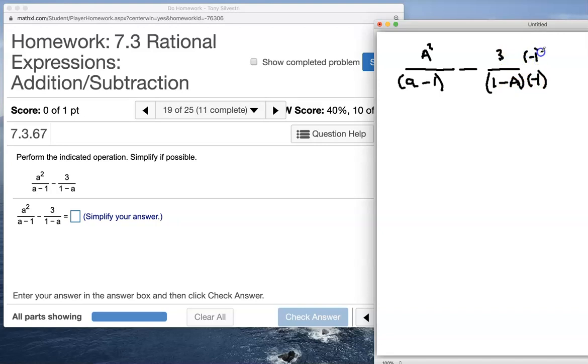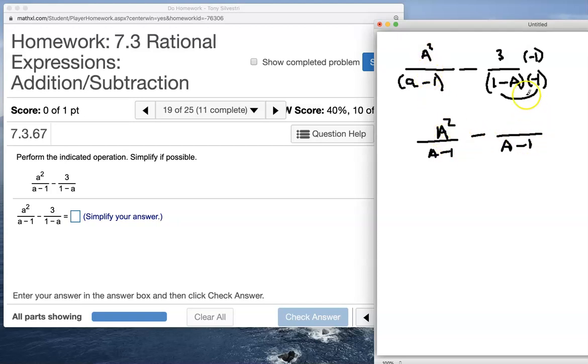And you're going to say, well, that doesn't change the fraction. It just changes how the fraction looks. So minus 1 times negative a. Negative 1 times negative a is a. Negative 1 times 1 is negative 1. Look at this. The original fraction is a minus 1, a squared. I didn't change the pretty fraction.